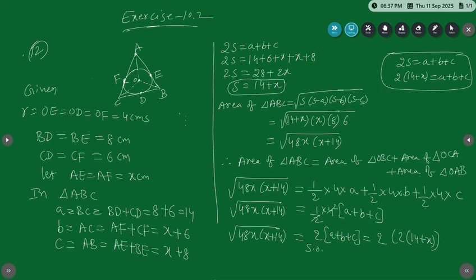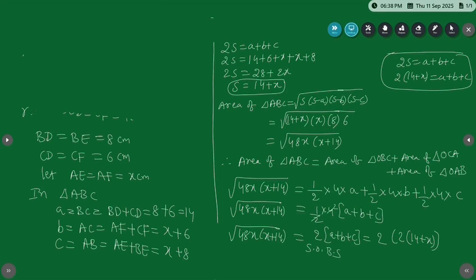Squaring on both sides, on the LHS we get 48X into X plus 14, and on the RHS we get 2 into 2 is 4, squared gives 16 into 14 plus X whole squared.